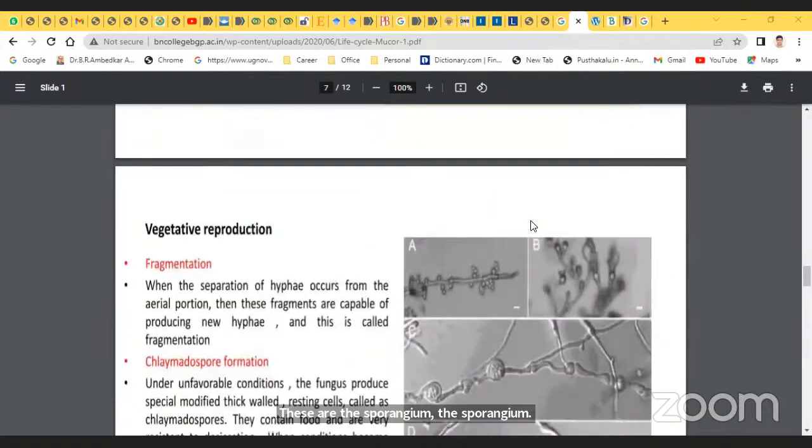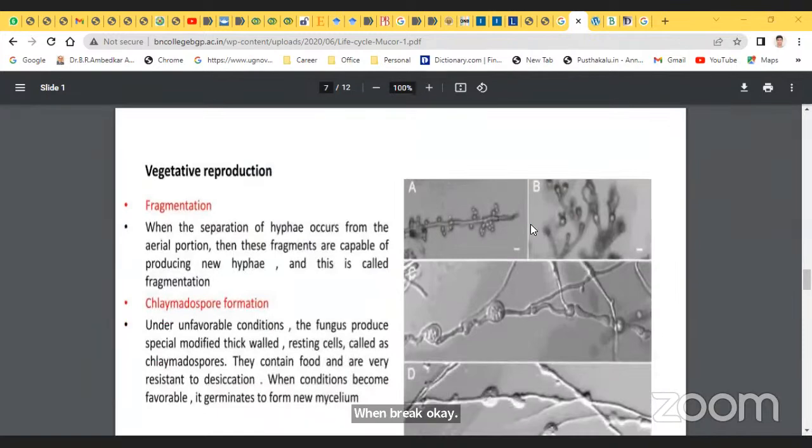Vegetative reproduction. What are the vegetative reproduction methods in common fungi members?